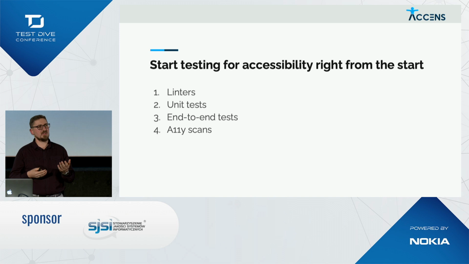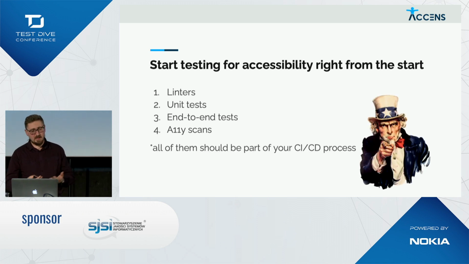So sometimes they decrease the accessibility by creating inaccessible content on the website. That's why such scans should find these kinds of issues. And all of them should be part of your CI/CD process.